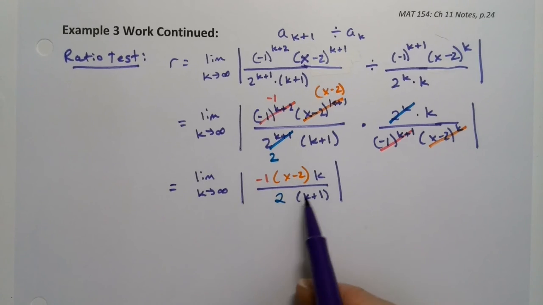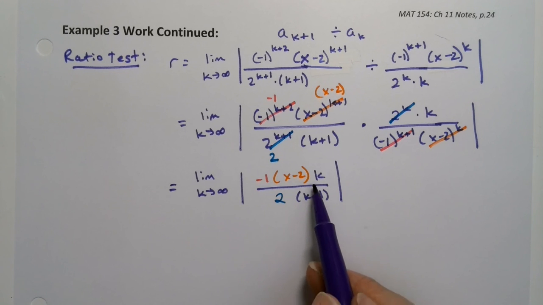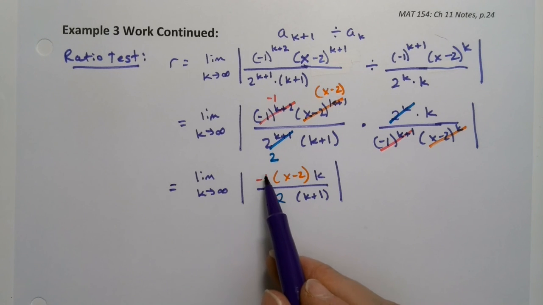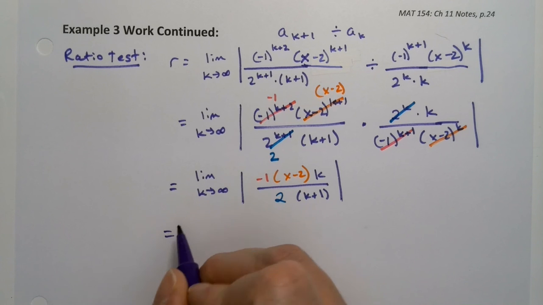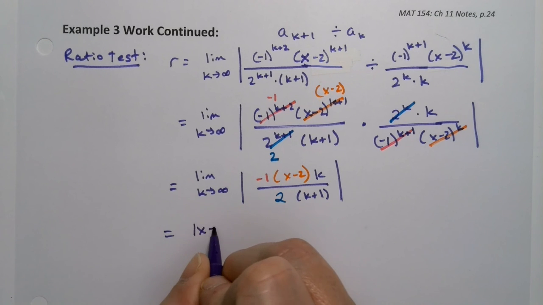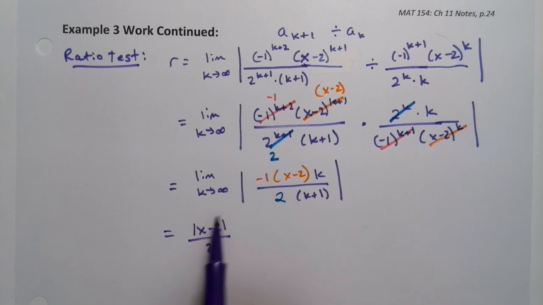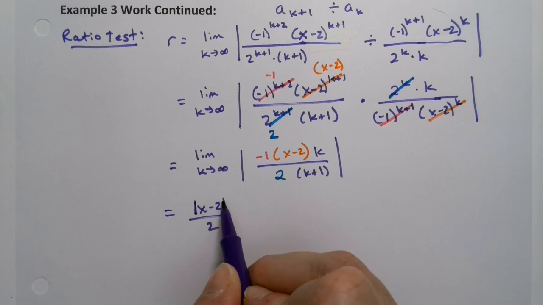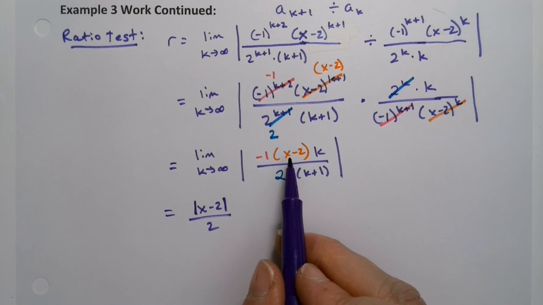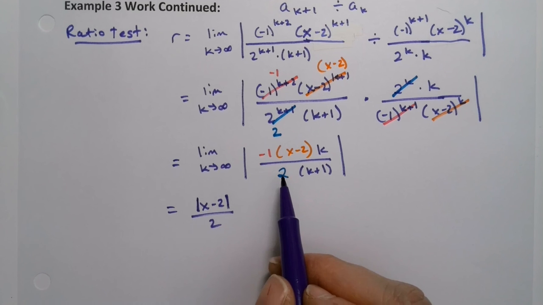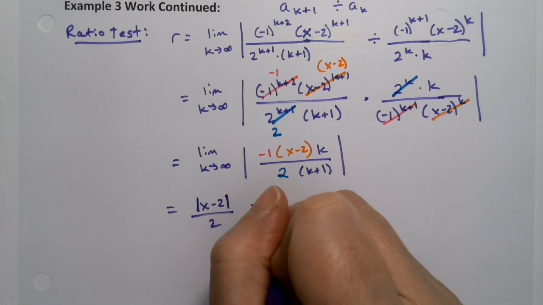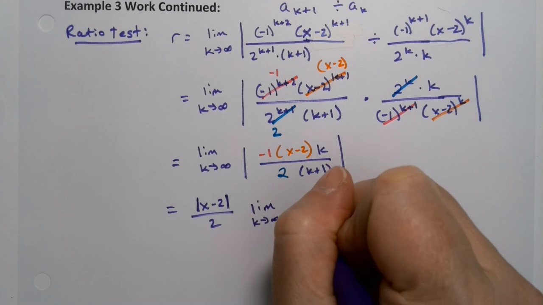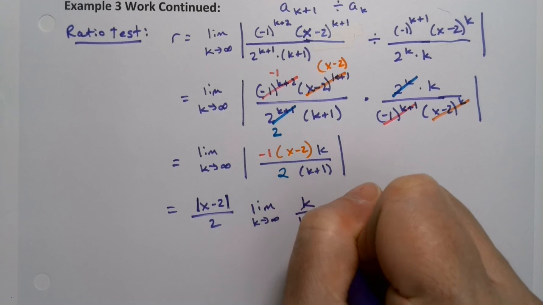The only parts that involve k are the k and k plus 1, so the rest of it can come out, and the negative is irrelevant because you take the absolute value. So what I can do is say absolute value of x minus 2 over 2. I do need to keep the absolute value here for the x part because I don't have a guarantee of x being positive, but 2 is definitely a positive number. I learned that a long time ago. Limit as k goes to infinity of k over k plus 1 in absolute value.